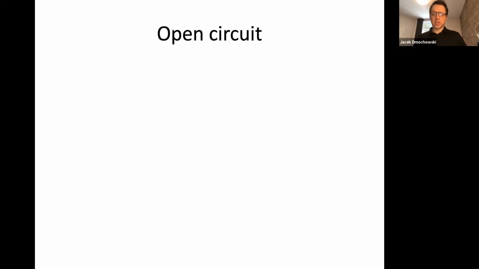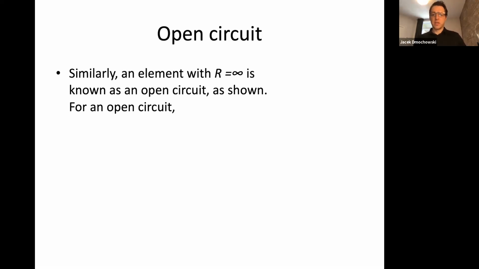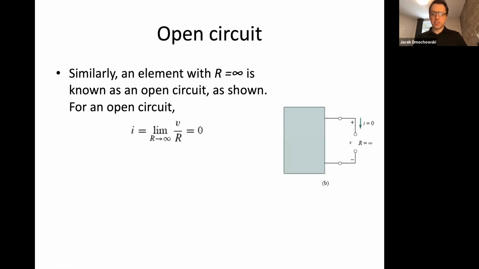What about an open circuit? An open circuit is the exact opposite, the other end of the spectrum. So when R is equal to infinity, in other words, when there is so much resistance that no current flows. Remember I said that the current follows the path of least resistance. So if the resistance is infinite, the current will avoid that, right?